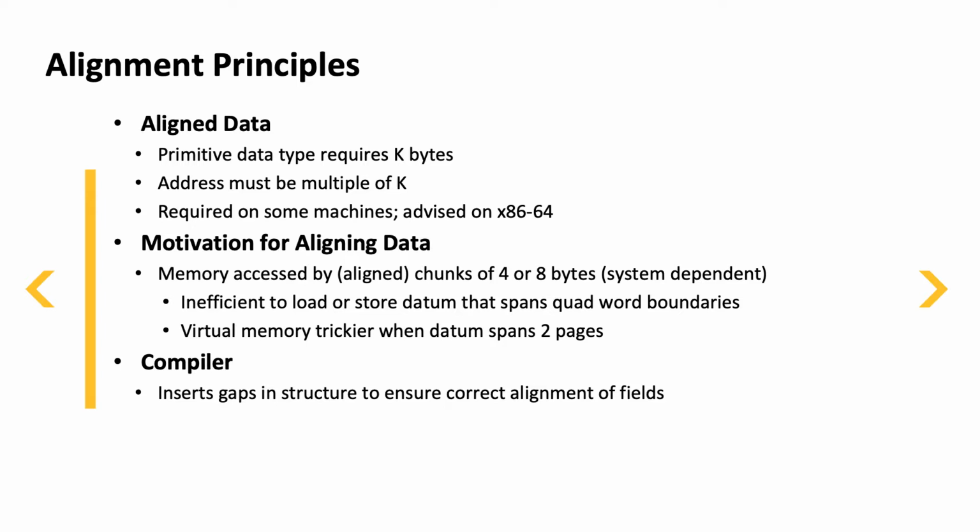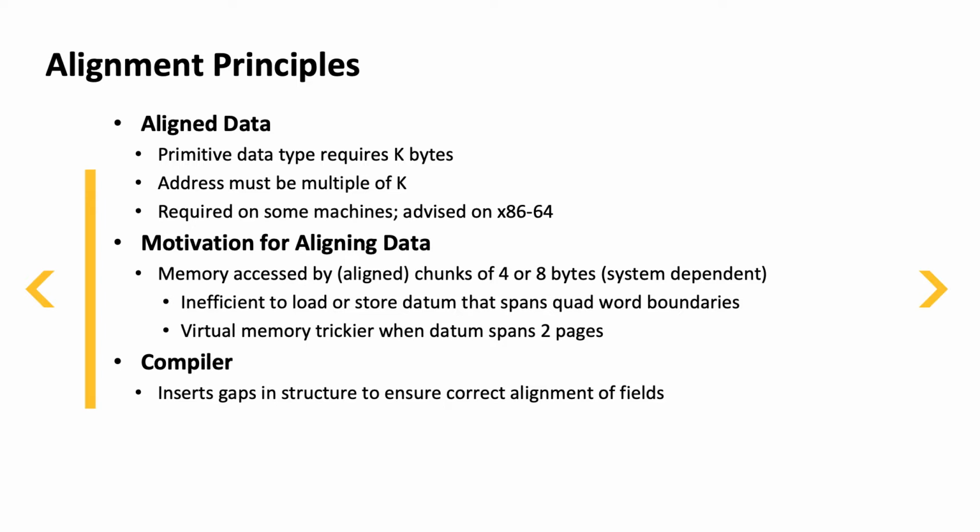Well, the motivation for this is that memory is accessed by aligned chunks of 4 or 8 bytes, and that depends on the system, but the point being, memory gets accessed by these chunks. So it's inefficient to load or store a datum that spans quad word boundaries. Okay, so it's fine if we're doing 8 bytes, it's great. I can grab 2 integers within that, I can grab a double, I can grab a char, wherever it happens to be.